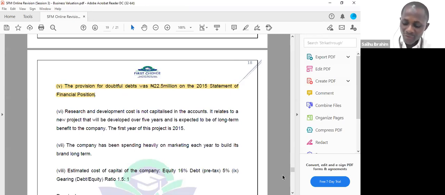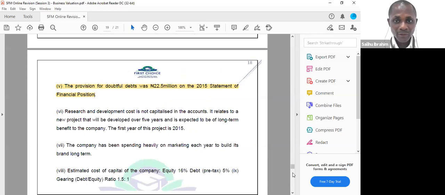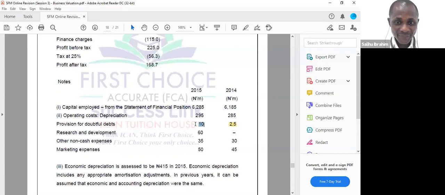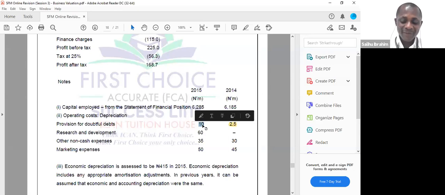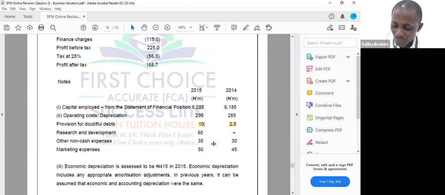In the 2015 SOFP, my provision for doubtful debt was what? 22.5, right? Hello, are you there? But if you look at that same year, 2015, what was the increase in deferred tax? Increase was 10. So remove that 10 from 22.5. We have 12.5.